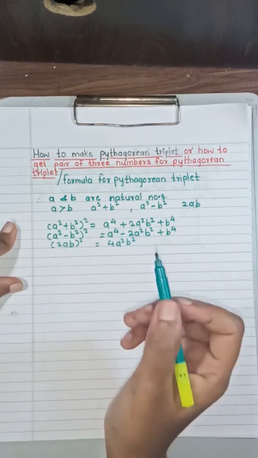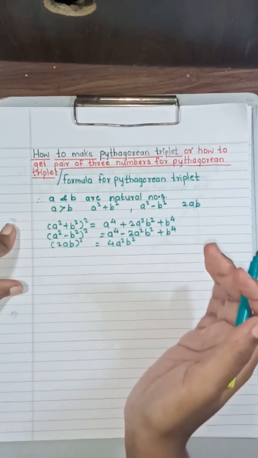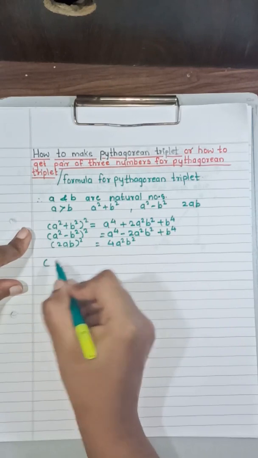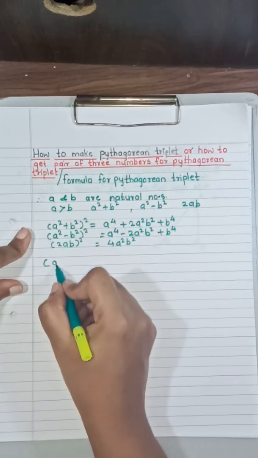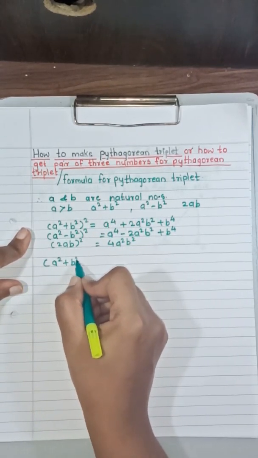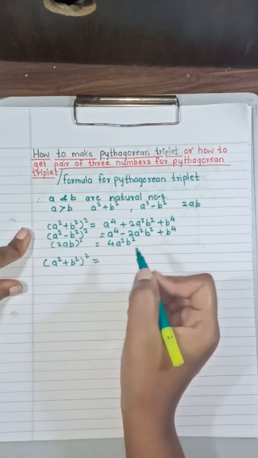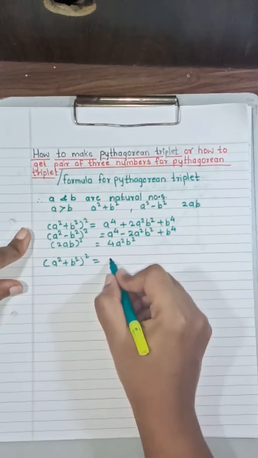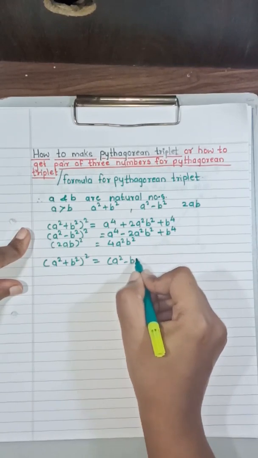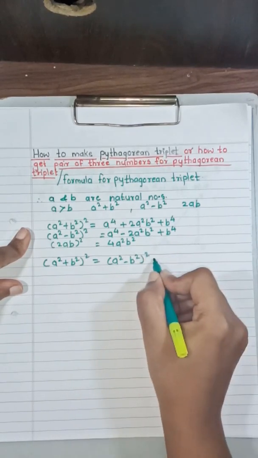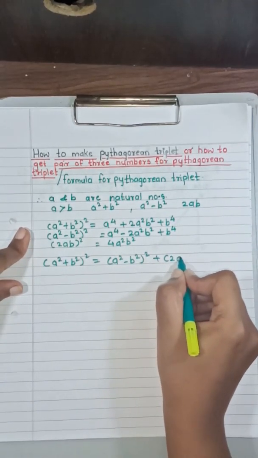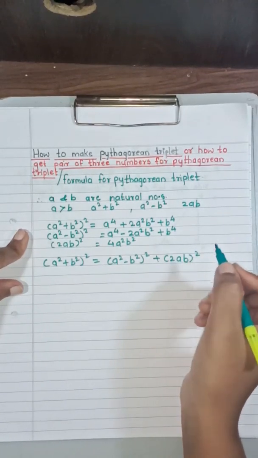Now let us see whether it follows the Pythagorean triplet or not. We'll take the first number, (A square plus B square) whole square, which is equal to (A square minus B square) whole square plus (2AB) whole square.